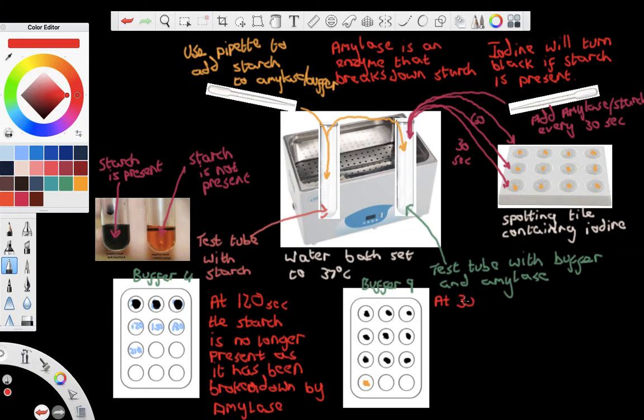So at 300 seconds, starch is no longer present as it has been broken down by amylase.